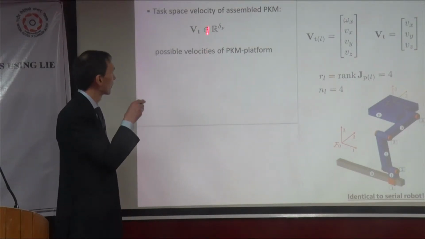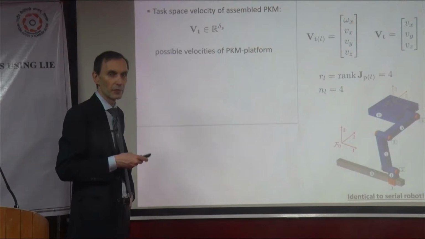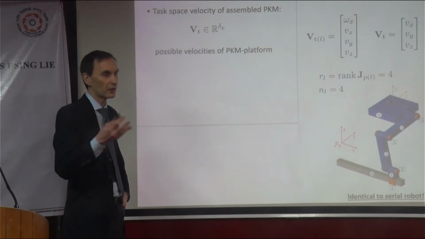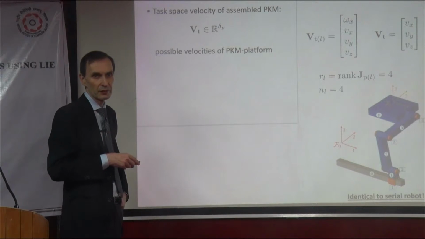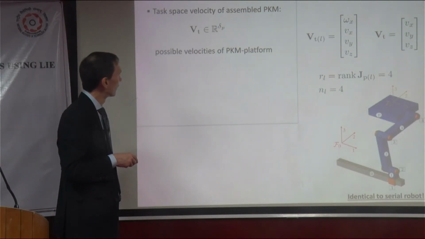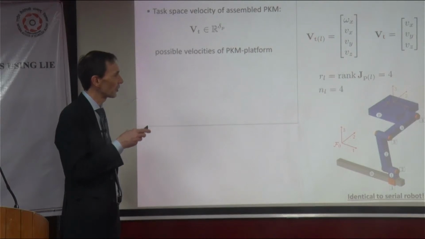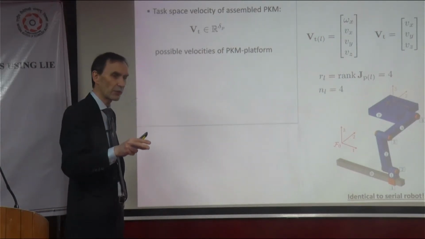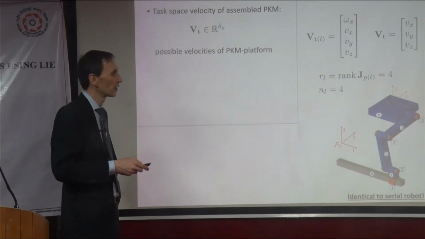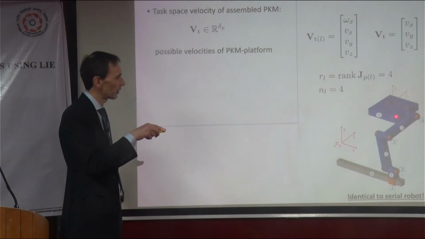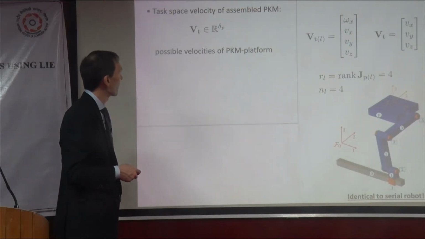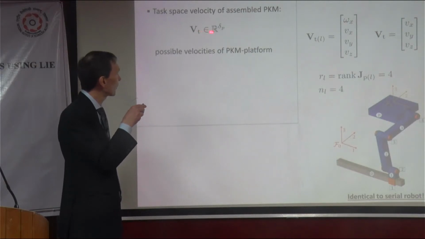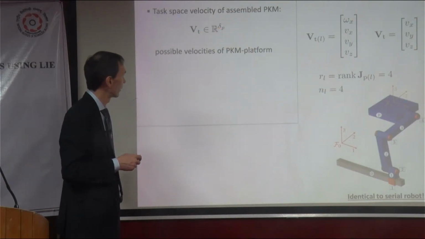Then we have a certain velocity again, and we concluded already it's only the ones that comprise the linear velocities, the spatial linear velocity. Okay, and we give them the name VT, and you see you just omit the L because now it's the one that is specific for this particular PKM. In our case, our PKM, this one here, can only perform translations. And of course it has the same size as we have degrees of freedom of the platform.